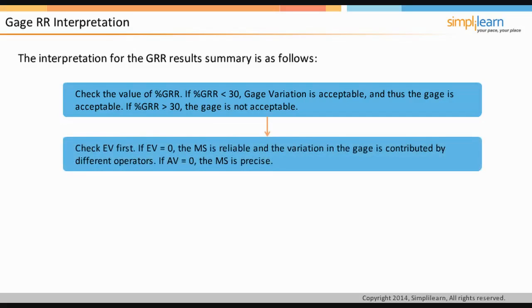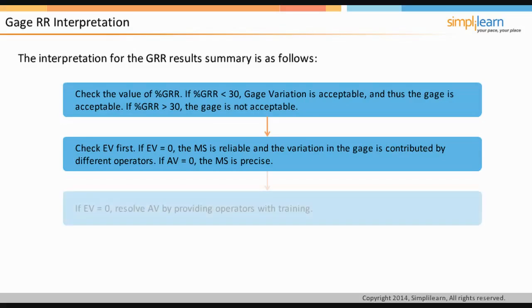Second, if EV equals 0, it means the MS is reliable, the equipment is perfect, and the variation in the gauge is contributed by different operators. If the AV is equal to 0, the MS is precise. Third, if EV is equal to 0 and there is AV, the operators have to be trained to ensure all operators follow identical steps during measurement and the AV is minimal.